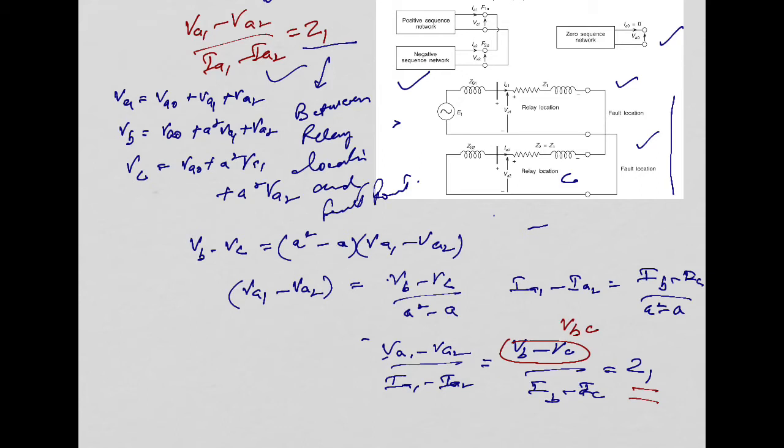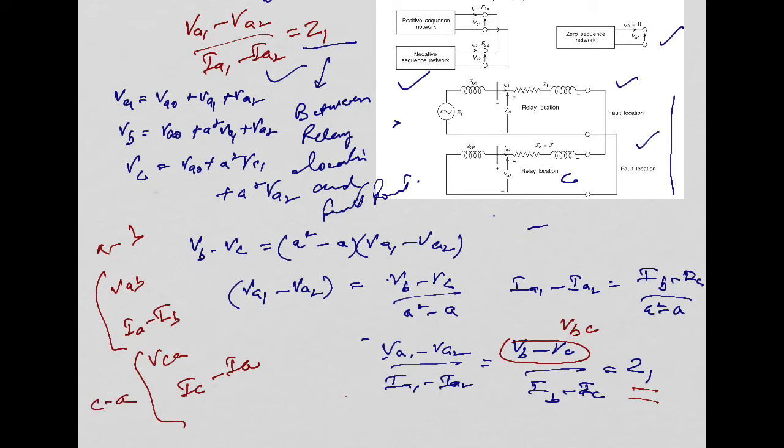Similarly, we shall need two more units with the inputs of IA minus IB, with the input of that being VAB, and second IB minus IC with VBC, and then we have VCA and IC minus IA, to cater for the phase A to B, phase B to C and phase C to A faults.